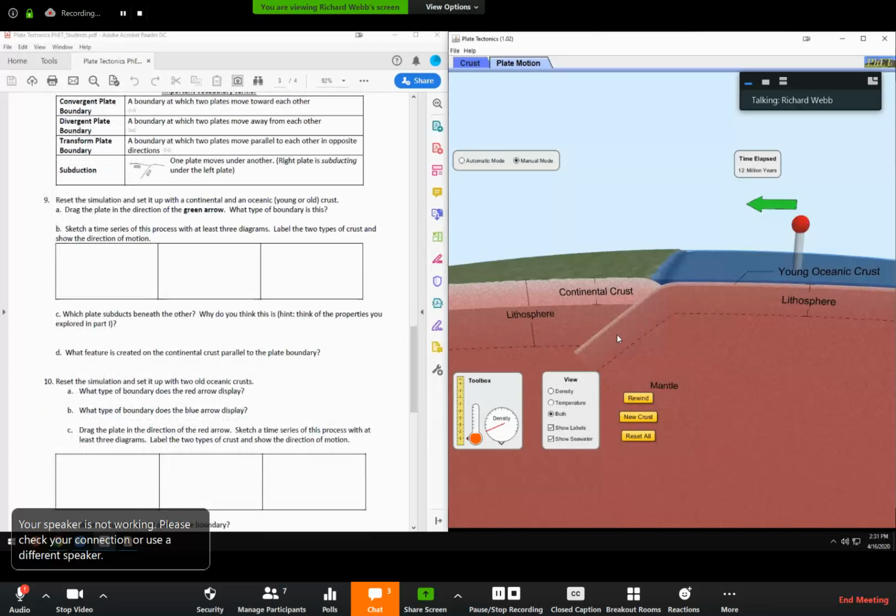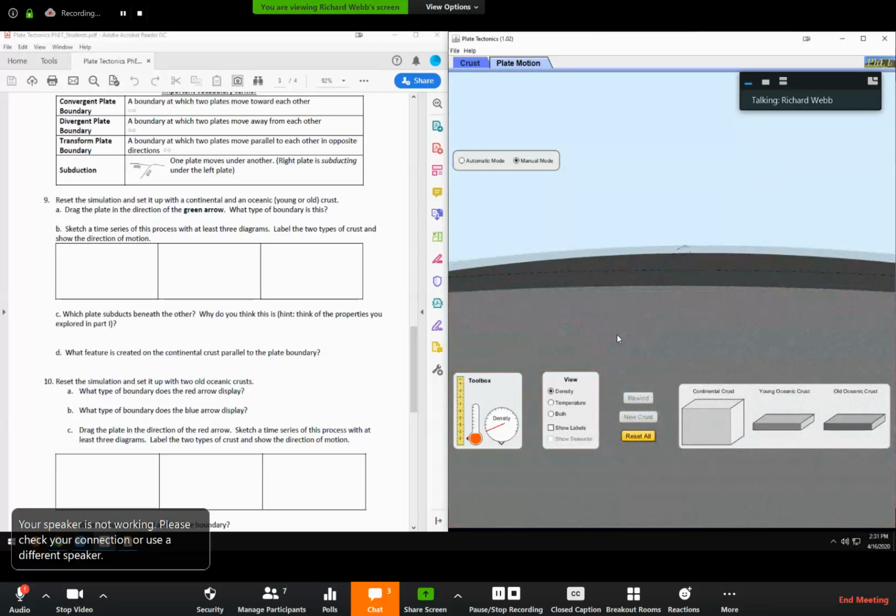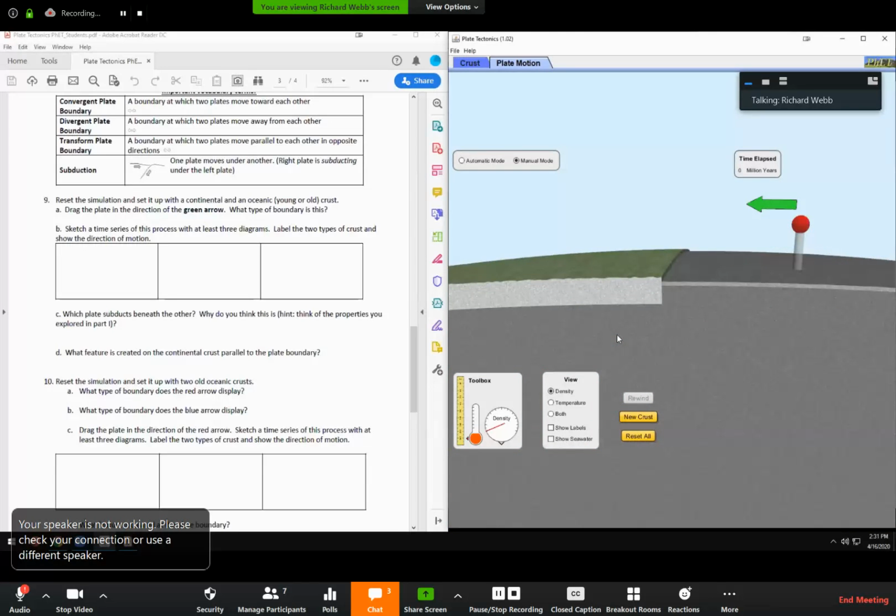And then it says, sketch a time series of the process. So what I recommend is oceanic, young ocean. Write what it looks like before you start. And then write what it looks like after, let's say, 8 million years.